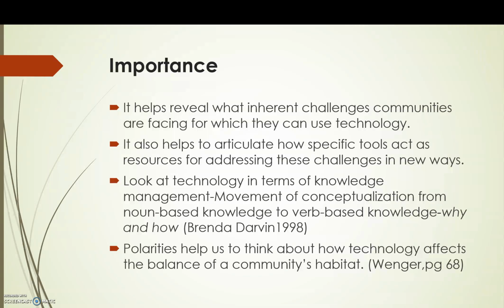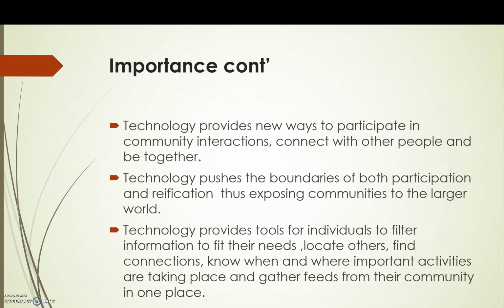So knowledge can actually be managed, and in this case, we are looking at it from the perspective that we are moving from noun-based knowledge to verb-based knowledge, what I refer to as the why and the how of knowledge. Lastly, these polarities help us to think about how technology generally affects the balance of a community's habitat.